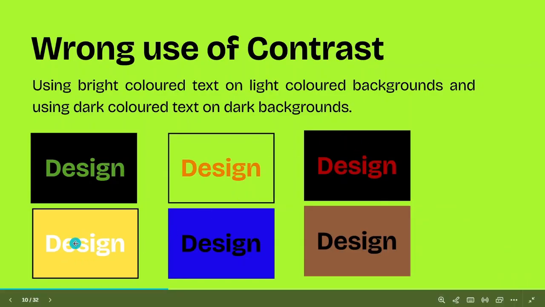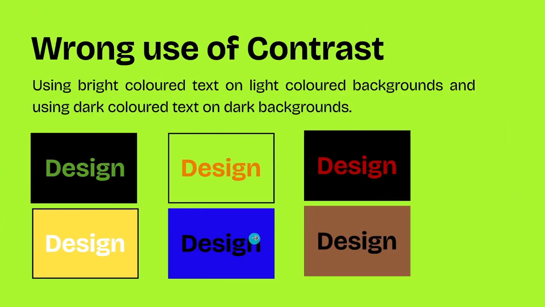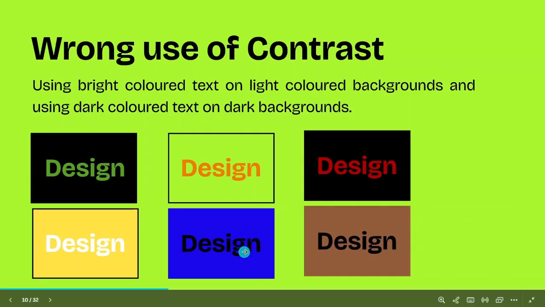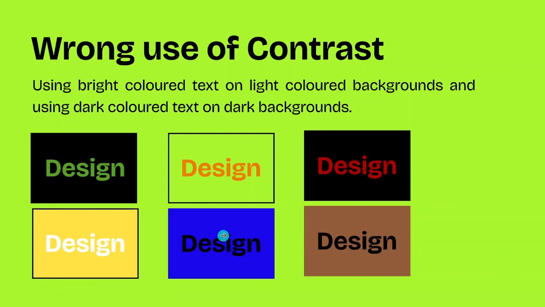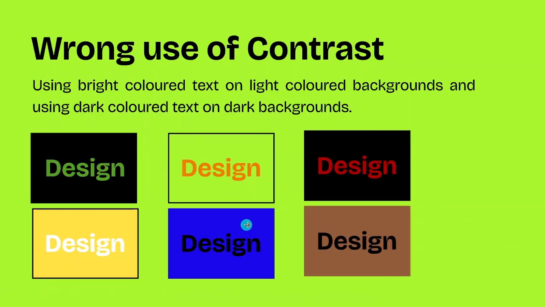Now the next one is this one here, light color on a light background. Then this one here, dark on blue. Someone may want to argue with me that this one is good. But to be sincere, if you're using dark black text on this kind of blue background, unless the blue is a very bright blue, I don't advise it.